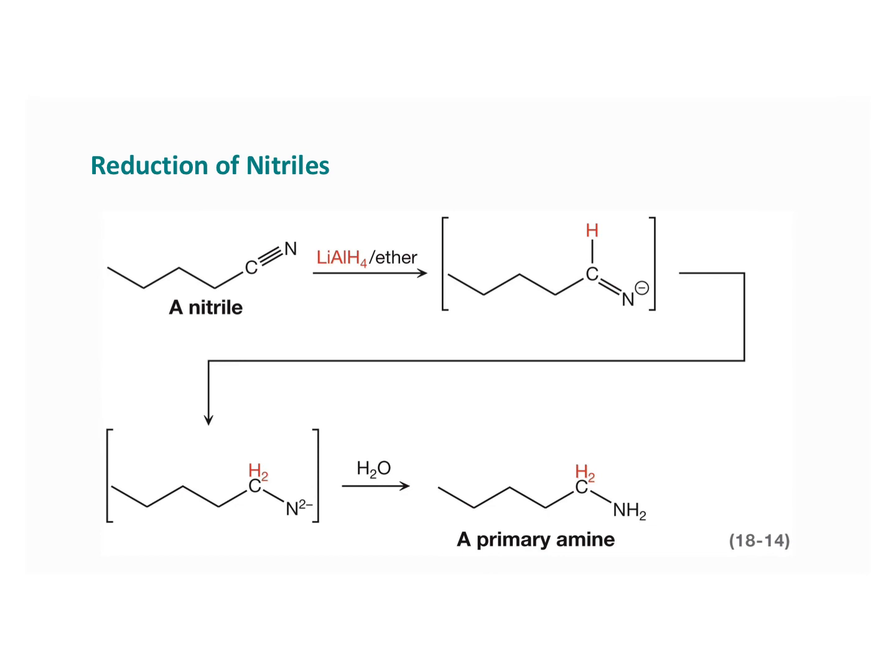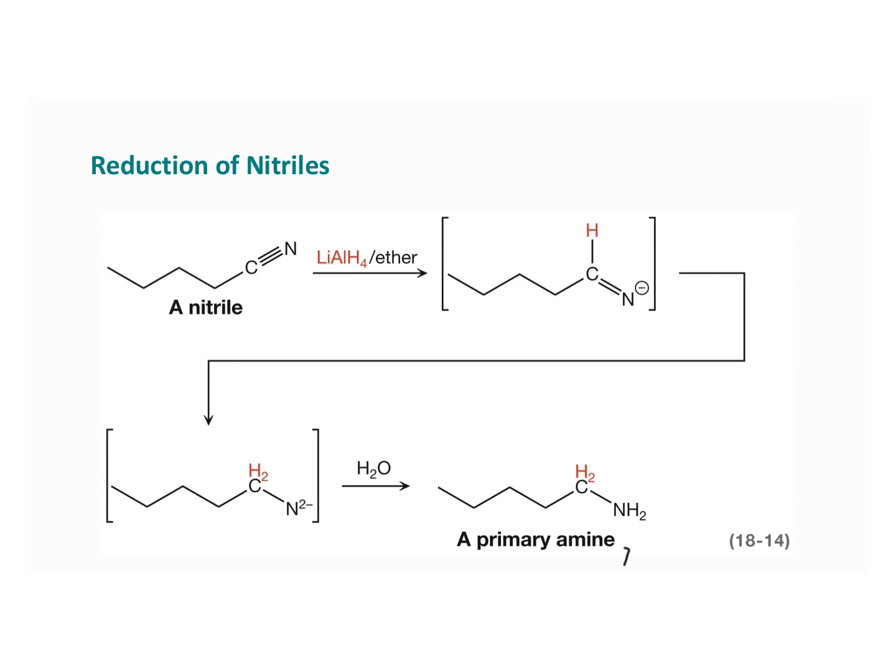There's the first addition of a hydride, which results in a charged intermediate with a carbon nitrogen double bond, which then is going to go through a second addition of a hydride, right? And this dianion here kind of resembles the nitrogen atom.